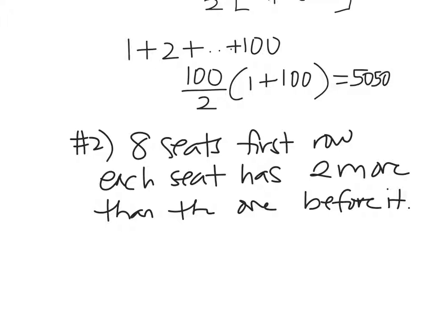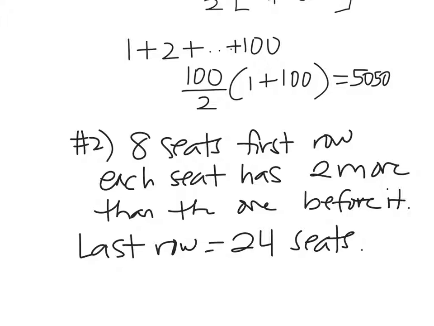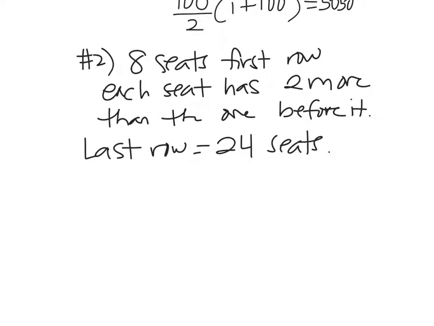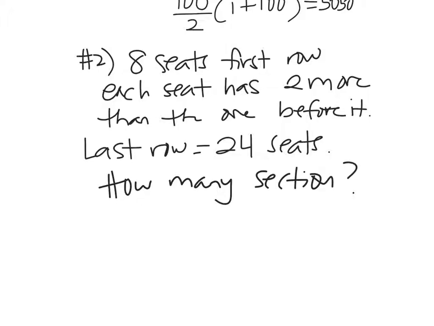No? Okay. They say here that the last row has 24 seats. So how many are in the section? What they love to do with these problems is not give you all the information. You have to find some of it.